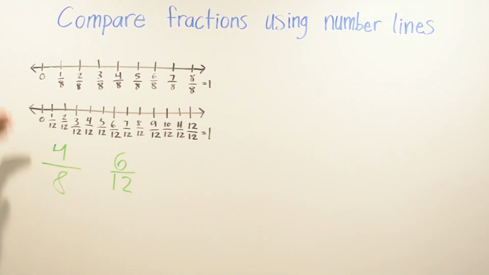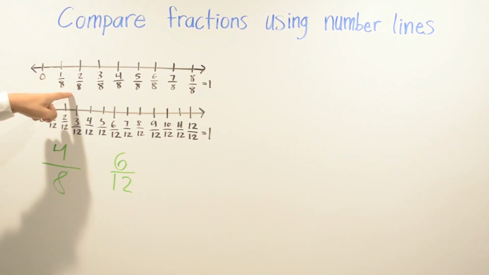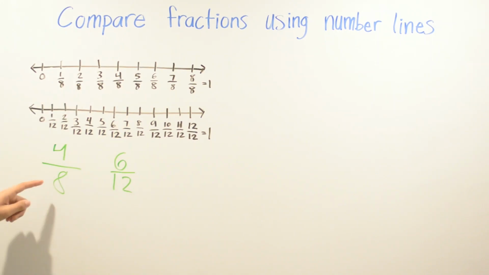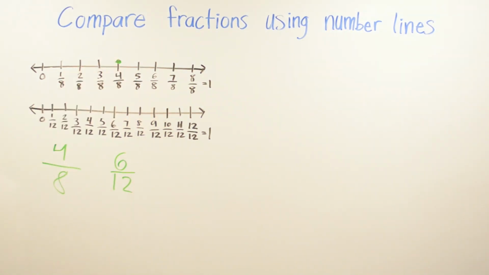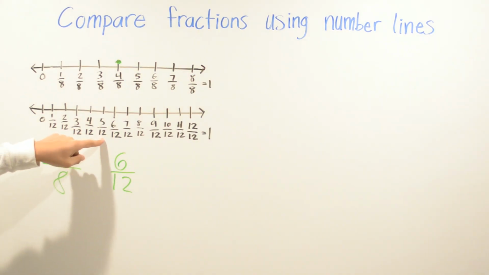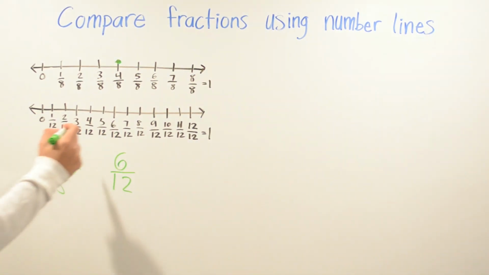So 4/8 in our number line is 0, 1/8, 2/8, 3/8, and 4/8. So we circle it right here. That's our first fraction. Our second fraction is 6/12. So it's 0, 1/12, 2/12, 3/12, 4/12, 5/12, and 6/12.